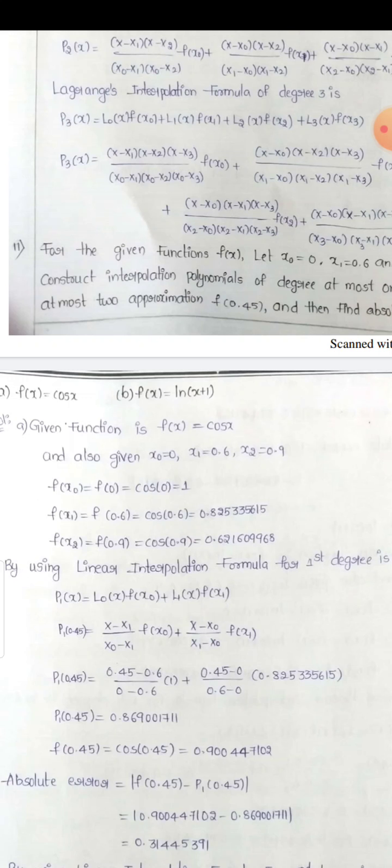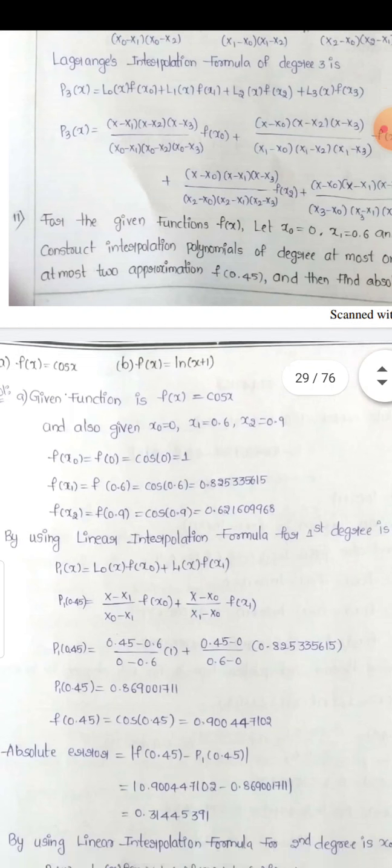After simplifying, we get the value is equal to 0.8690017111. Therefore, P1 of 0.45 is equal to 0.8690017111. f of 0.45 is equal to cos of 0.45 is equal to 0.900447102.